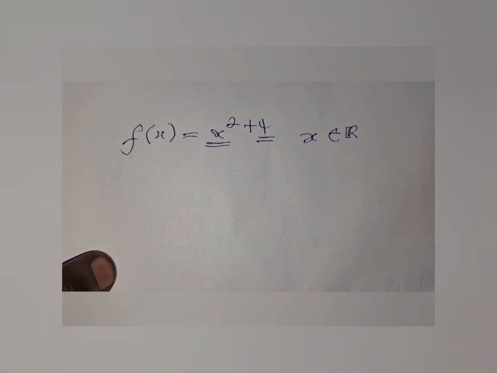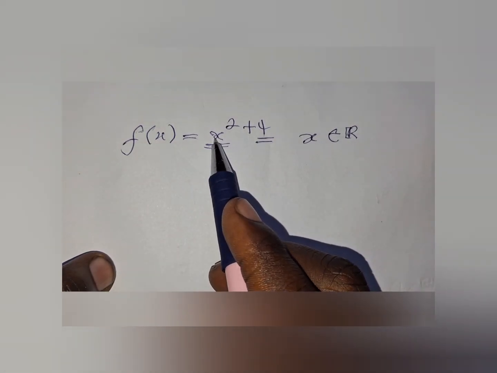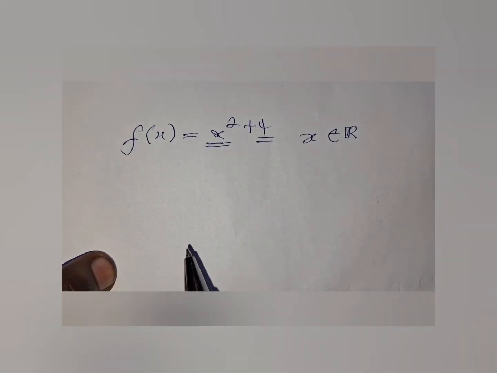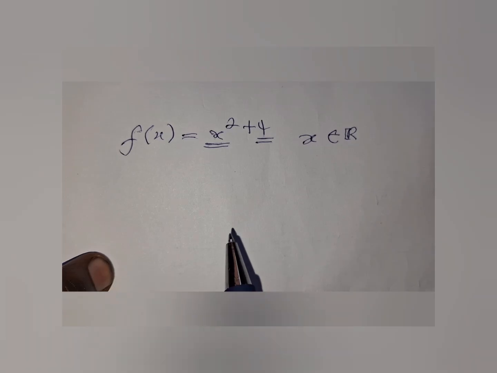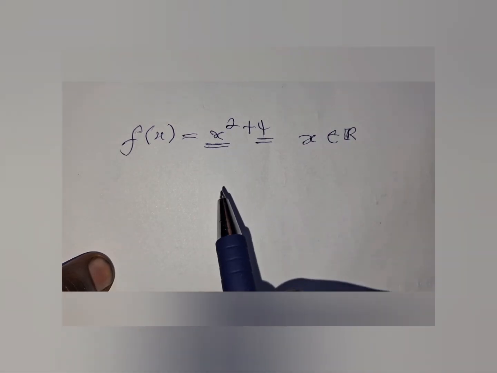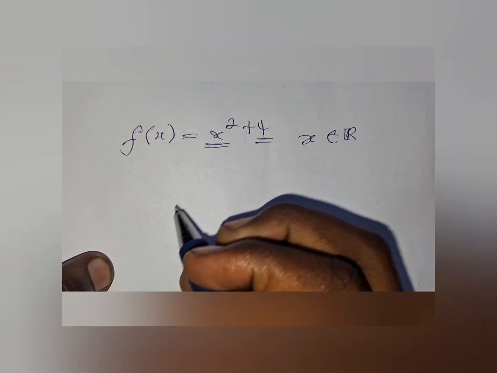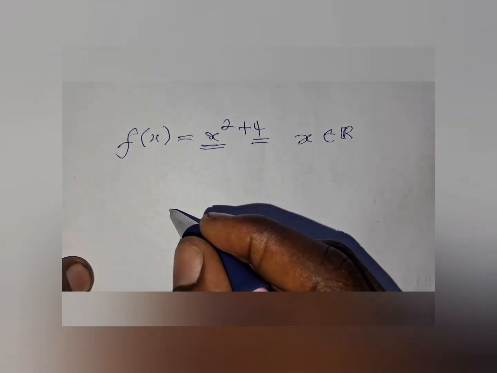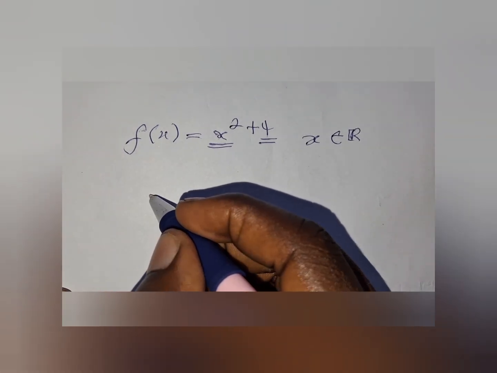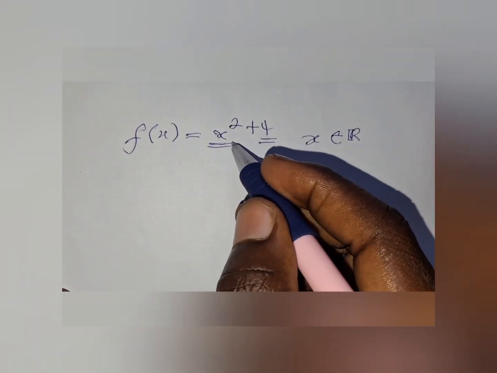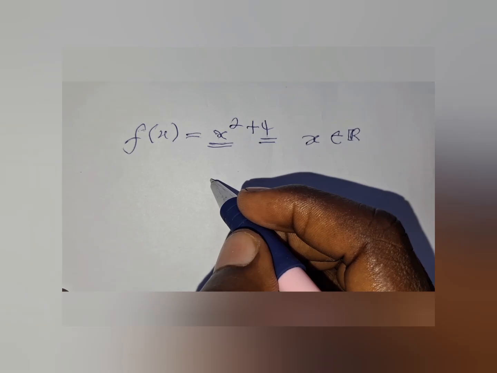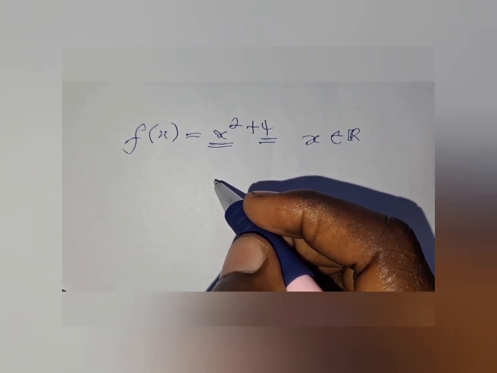The minimum value for x squared is when x is equal to 0, and 0 squared is going to become 0. So the minimum possible value that we are going to get out of f of x is the value 4 when x is 0. Are we together?